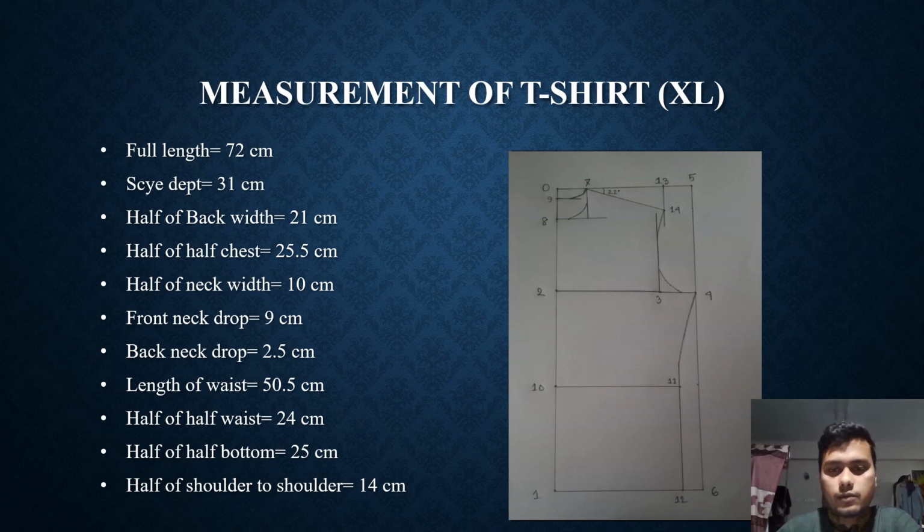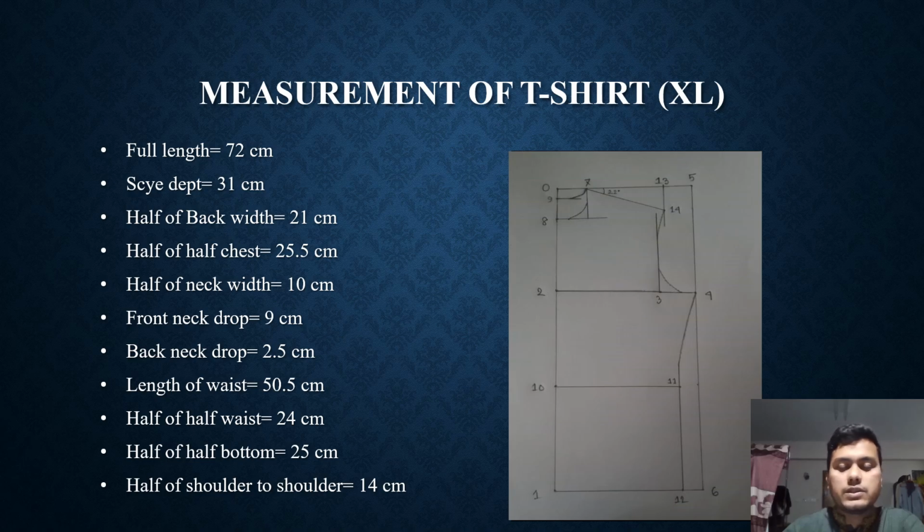And the front neck drop, this measurement is from 0 to 8, and that is 9 centimeter, and back neck drop is equal to 2.5 centimeter, that is from 0 to 9. And length of waist, considered from 0 to 10, which is 15.5 centimeter.